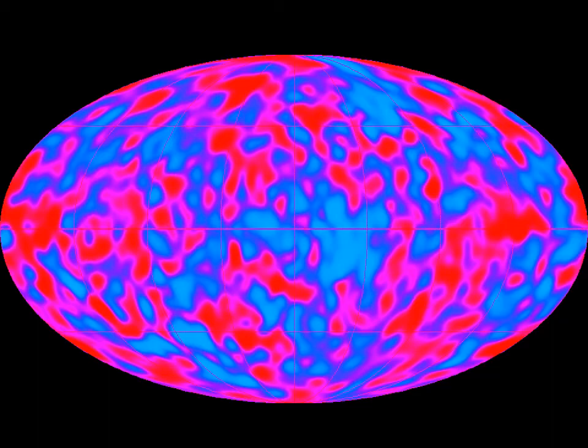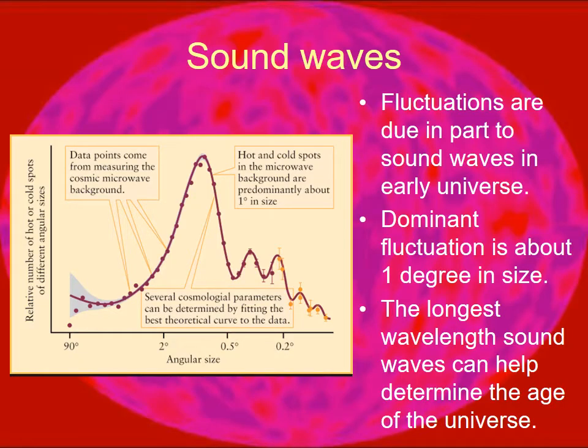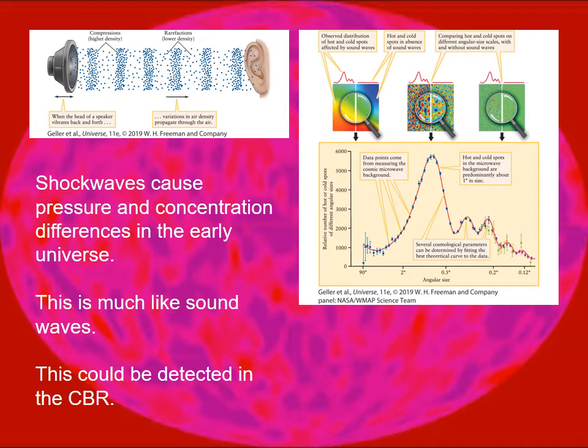Very carefully measuring in microwaves the entire sky, we realized that those variations actually come from sound waves, like sonic waves passing through the early universe. And they created the hot and cool regions that are in there. Those fluctuations are about a degree in size, and by measuring that, that helps us measure roughly the age of the universe.